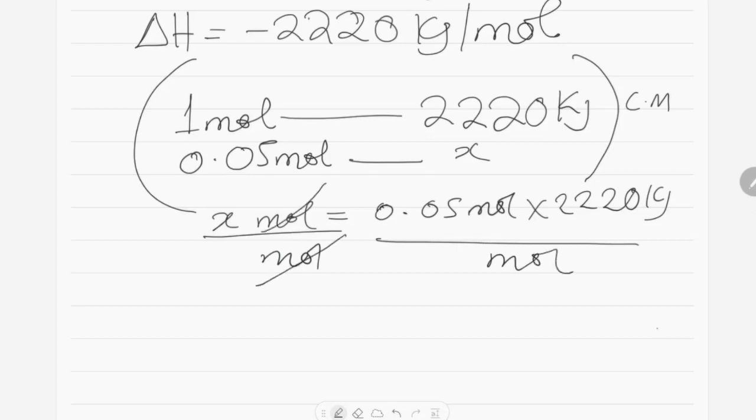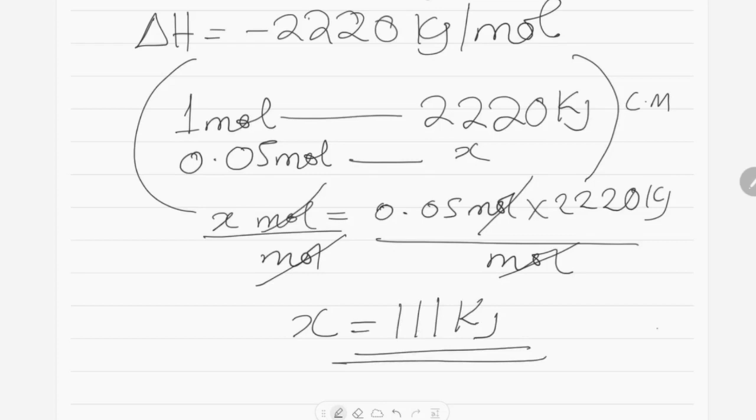This mole and this mole divide, and we remain with 0.05 times 2,220. This will give us X is equal to 111 kilojoules. So this is the amount of energy that was released to the surrounding by burning 2.2 grams of propane. We're done with the question.